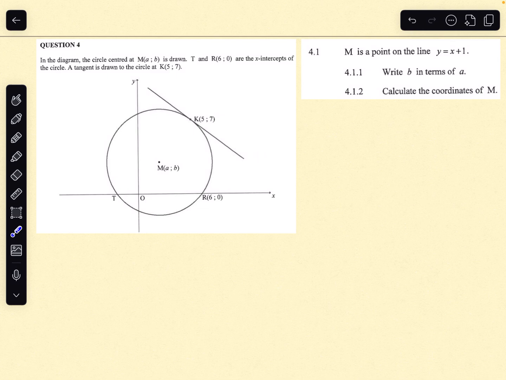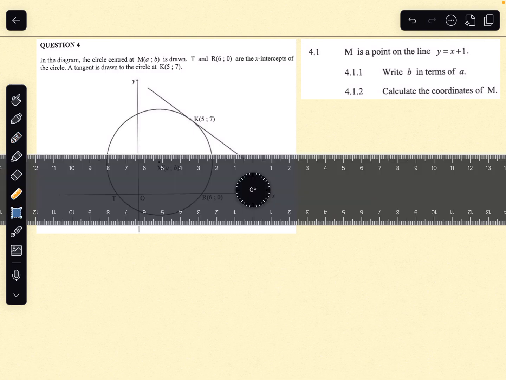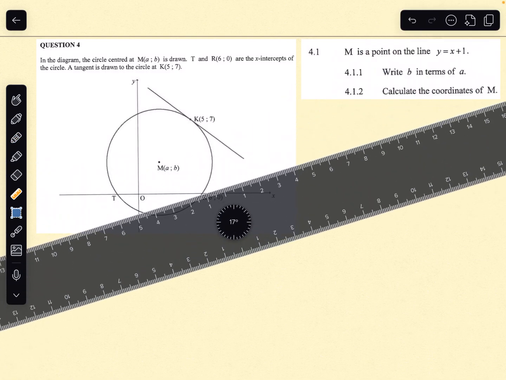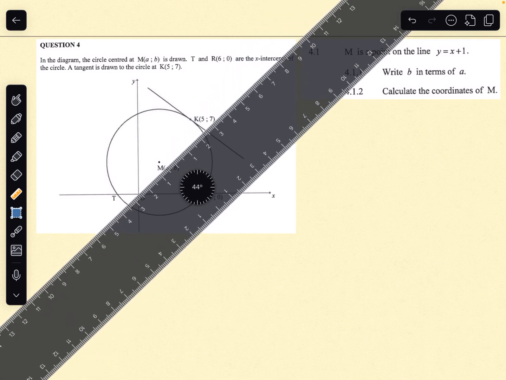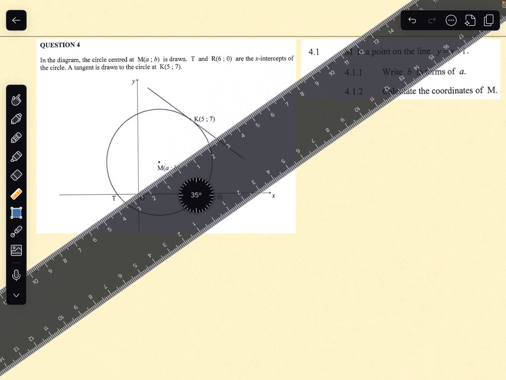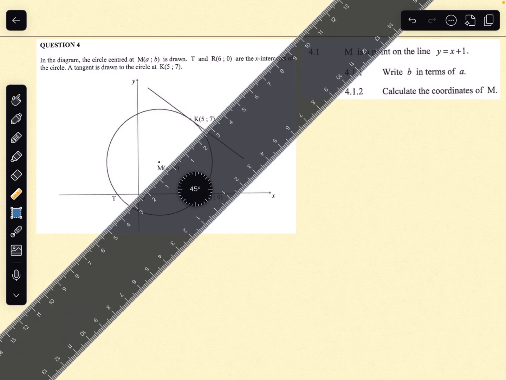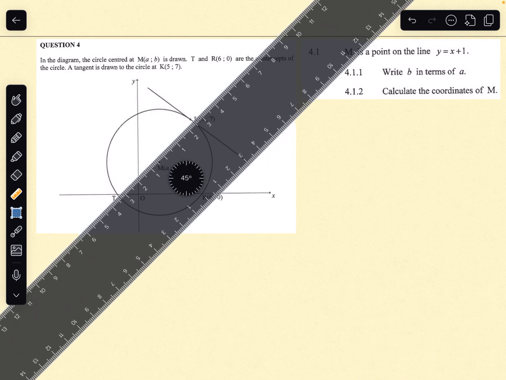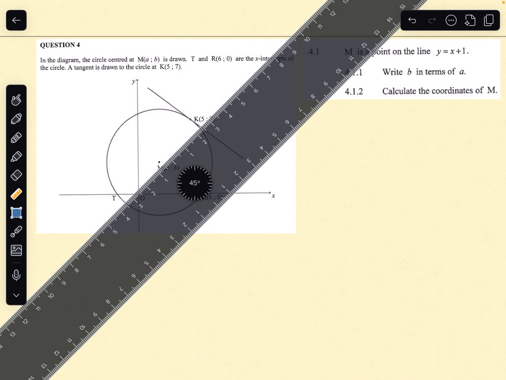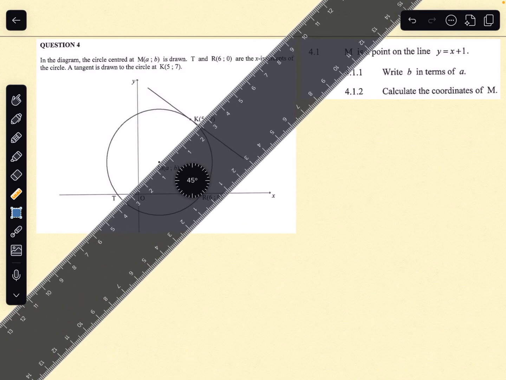Right, so the first question says M is a point on the line y is equal to x plus 1. Okay, so if we were to draw this line, we'll just sketch it for ourselves. y is equal to x plus 1 is the y is equal to x line, maybe something like this, and it's been moved up 1 unit, so it would maybe look something like that.